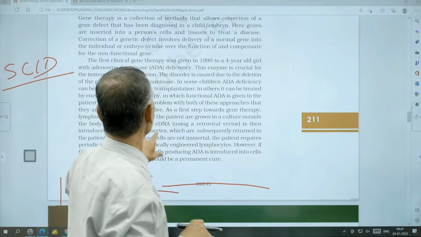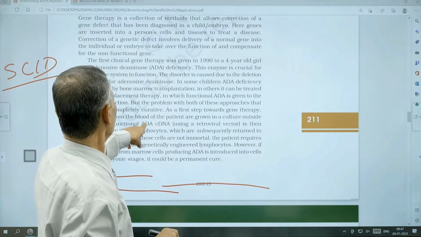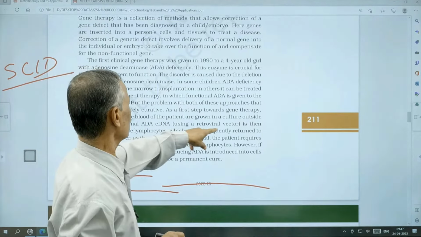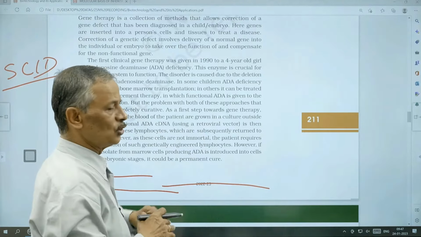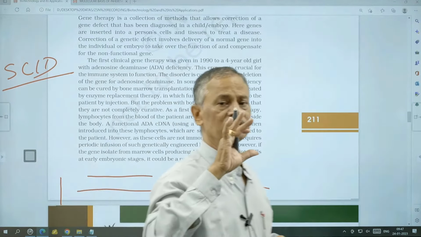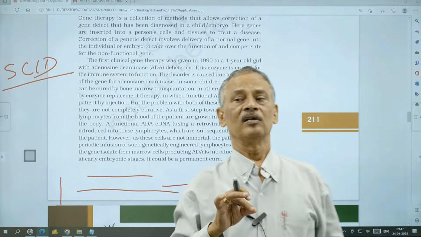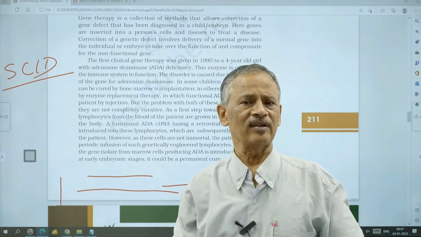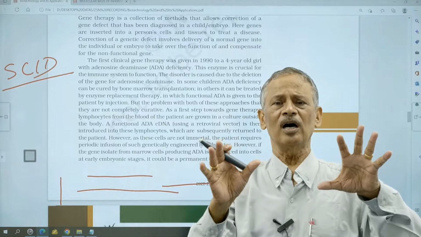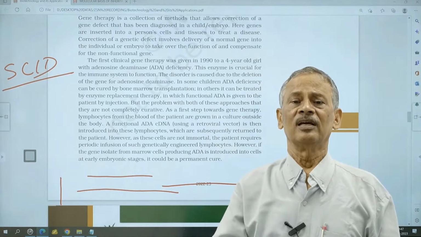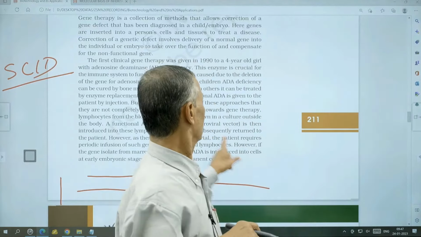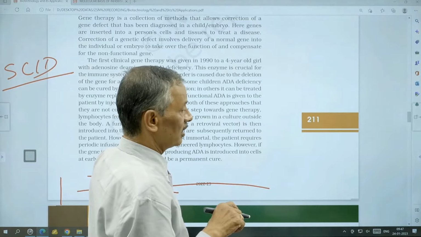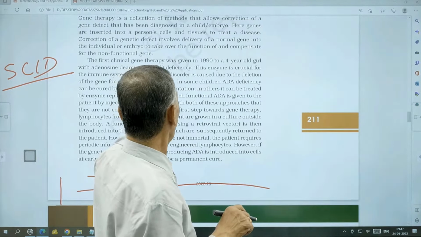Thus a functional ADA complementary DNA, single stranded DNA, using a retroviral vector was introduced into the cells of that girl. Which cells? Lymphocytes. After admitting her to the hospital, her blood was taken and lymphocytes were isolated, and those lymphocytes were infected with this retrovirus vector, and this retrovirus vector introduced a complementary DNA for ADA.